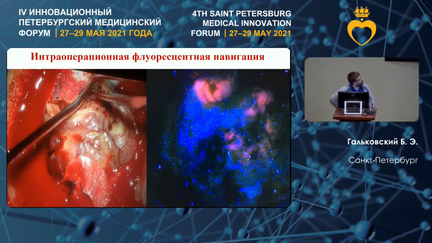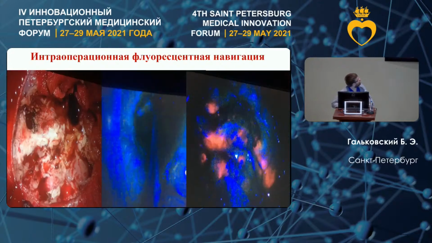Thus, in the blue light during the surgery, the neurosurgeon may see bright red light in the center of the tumor and pink along its perifocal border. It should be mentioned that normal tissues of the brain do not accumulate this acid, and thus in blue light they look blue. This makes it easy to do navigation during the surgery.